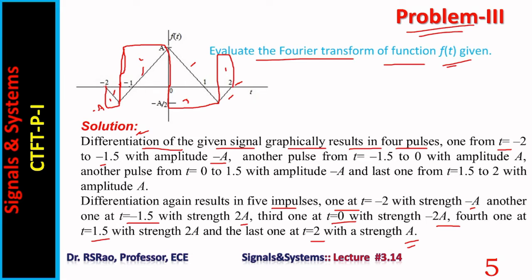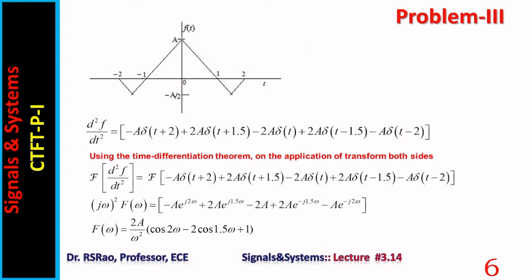So here, 5 impulses. And now one can write down the expressions and sum them to get d square f by dt square.